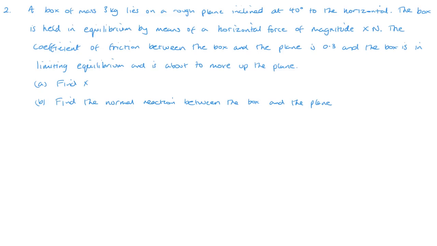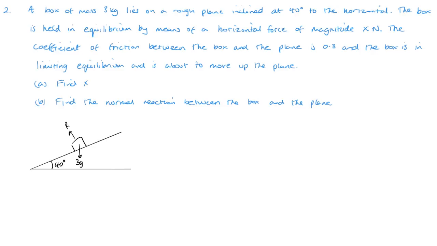Okay, question 2, we've got a box of mass 3 kilograms, lies on a rough inclined plane at 40 degrees. So let's sketch that. So we've got a box, R there, and it's 3 kilograms, so 3G going down, and this is 40 degrees.